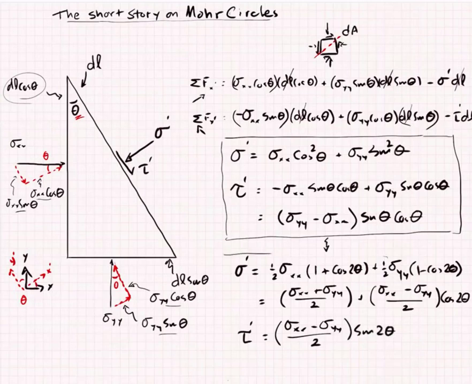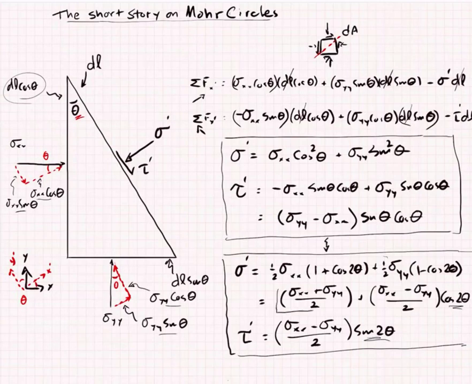So now we have sigma prime and tau prime written in a more compact fashion in terms of the applied stresses, sigma xx and sigma yy, and the angle theta expressed in this simplified form of just the cosine 2 theta appearing in the sigma prime term and the sine 2 theta appearing in the tau prime term. Notice also that the first term of the sigma prime is the mean stress.